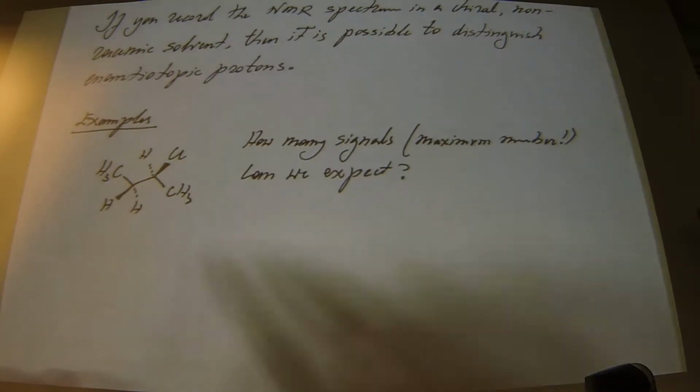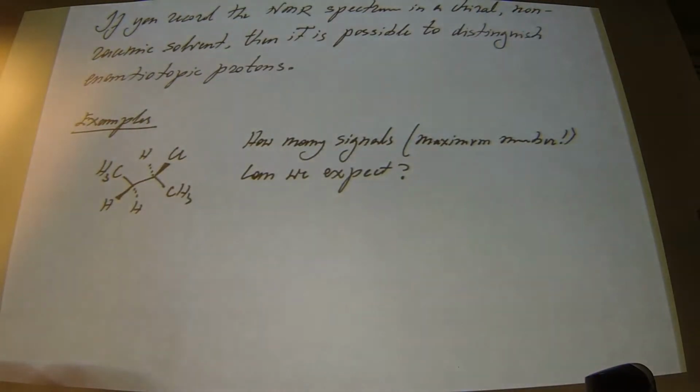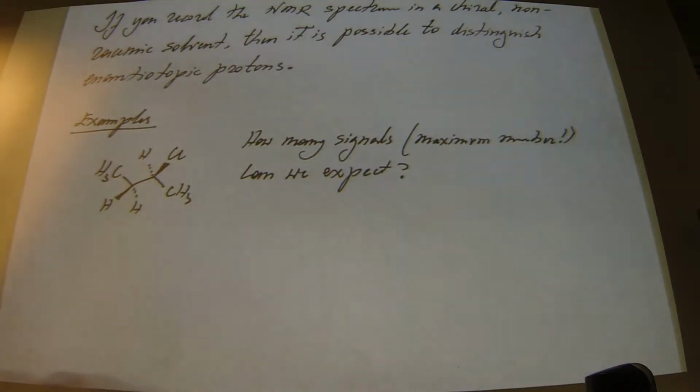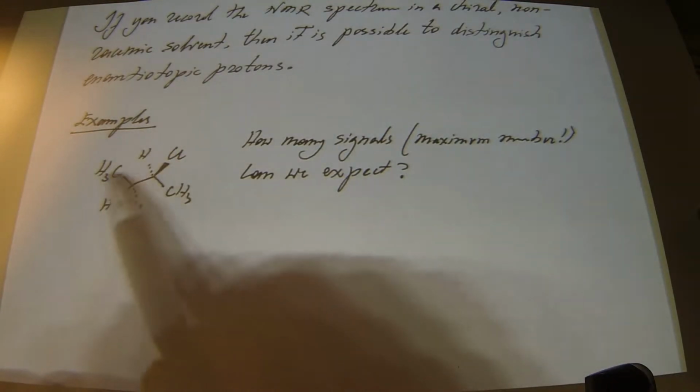So if they're constitutionally non-equivalent, then they're stereochemically non-equivalent. So a priori, we have how many constitutionally non-equivalent groups of protons? Constitutionally non-equivalent protons. How many groups? Quickly. Constitutionally? 4. 1, 2, 3, 4.